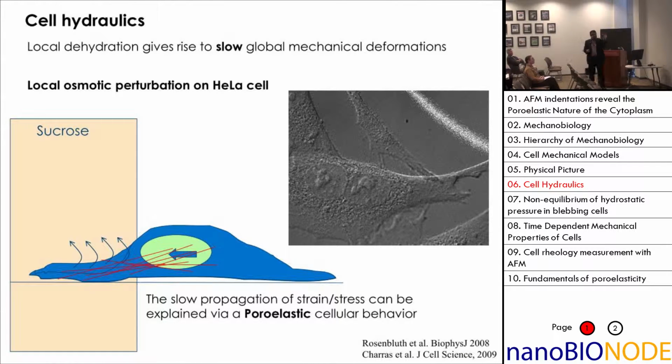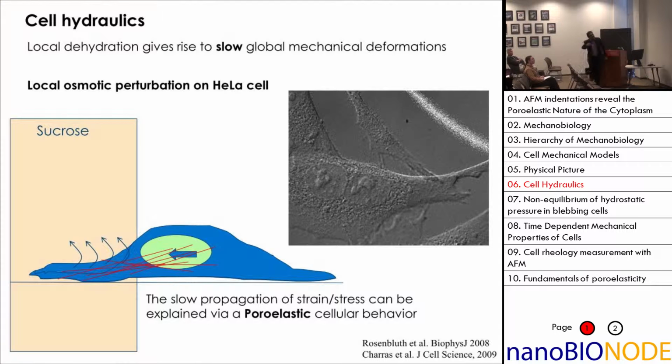Considering that physical picture, there have been recent experiments that suggest the mechanical response of the cell is really poroelastic. So this is a HeLa cell, and you apply hyperosmotic pressure by applying a different osmotic medium on part of the cell. Let me see if the movie is working. There's the movie. I need to click on here.